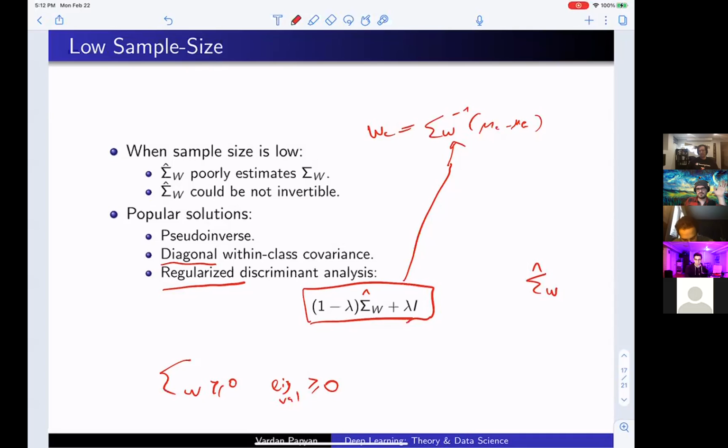If you don't have lots of data, then you say, you know what, I'm just going to impose a structure on the within class covariance, and use the diagonal of sigma w, zeroing everything off the diagonal. That's equivalent to assuming that the covariance is diagonal. By doing so, you're imposing a lot of structure on the covariance, and it's much better in the low sample size regime.